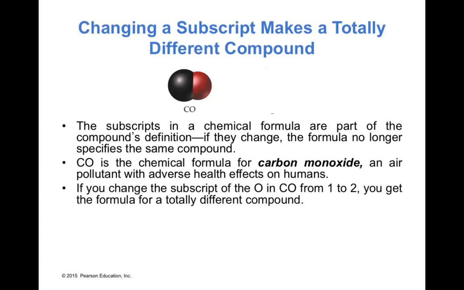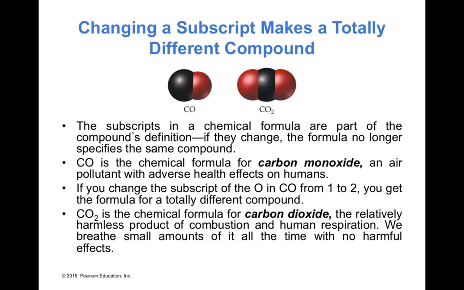Now, what happens if we change the subscript of the oxygen in CO from 1 to 2? Now we have a different formula, and because of that, we will produce a totally different compound. So now instead of CO, we will have CO2, and this one is carbon dioxide.